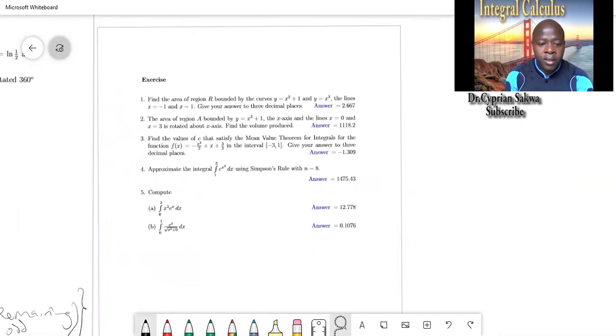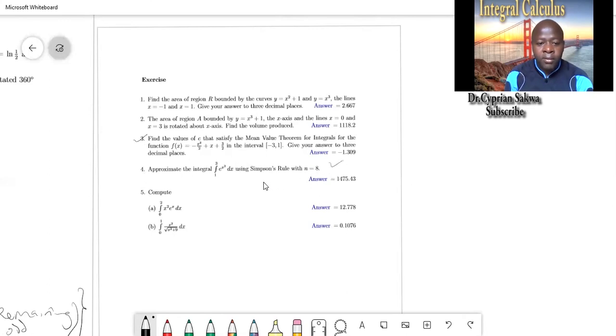This one you've already done. Then this one you're getting volume, and the solid is rotated about the x-axis, just as the one we did. And then this one is the only different one, because here we are using the mean value theorem, but it's not hard. And then this one you're using Simpson's rule, which we've just done.